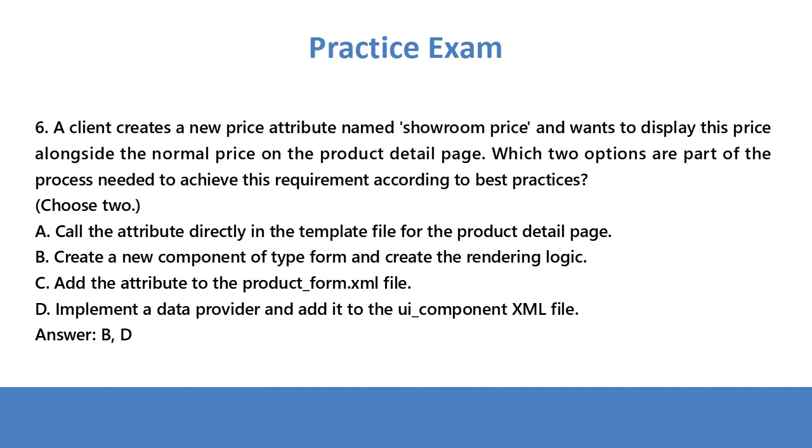B. Create a new component of type form and create the rendering logic. C. Add the attribute to the product_form.xml file. D. Implement a data provider and add it to the UI component XML file. Answer: B, D.